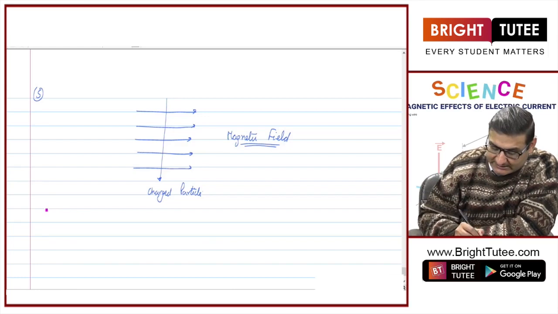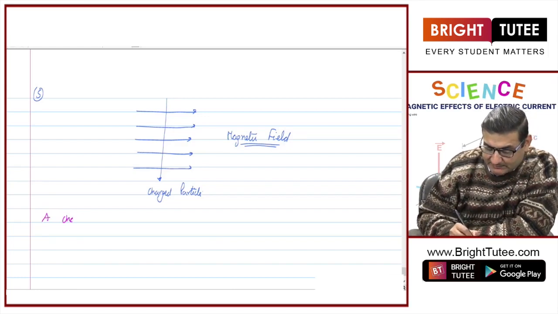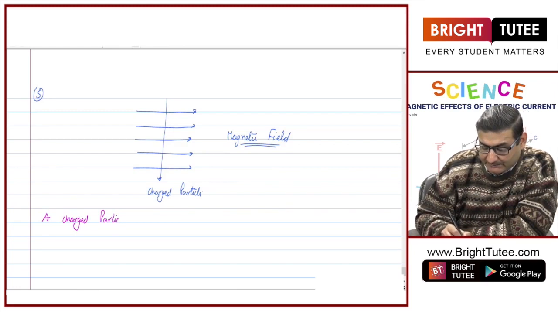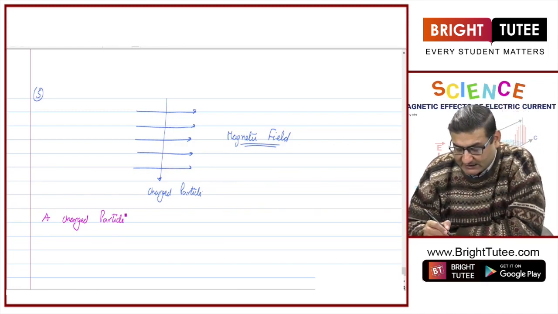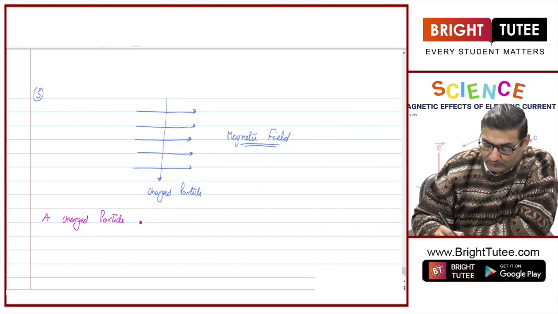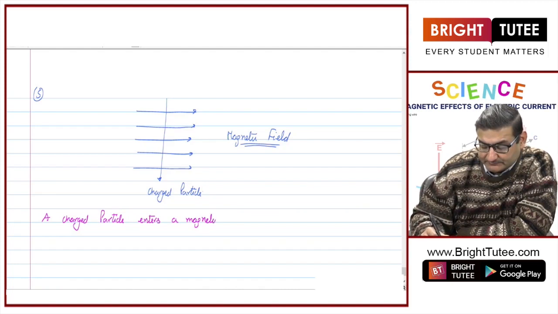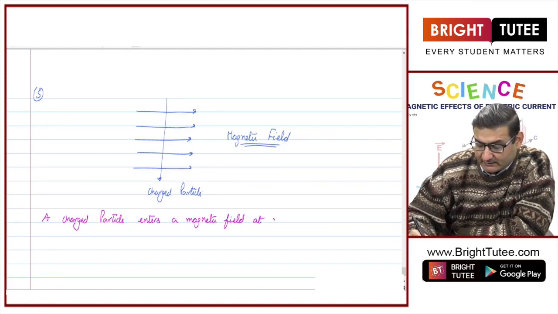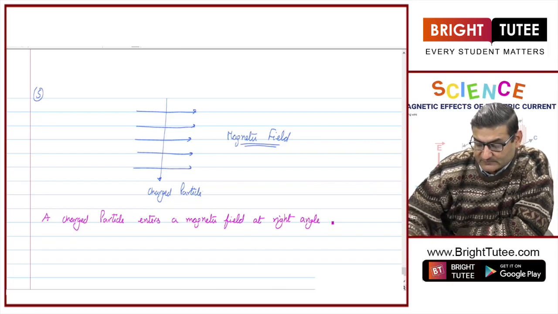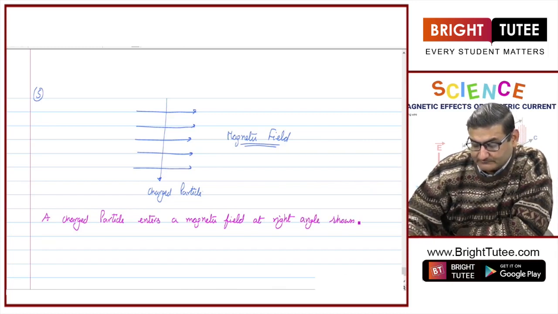The question says that a charged particle, what type of charge is on the particle we don't know. A charged particle enters a magnetic field at right angles shown above, right?